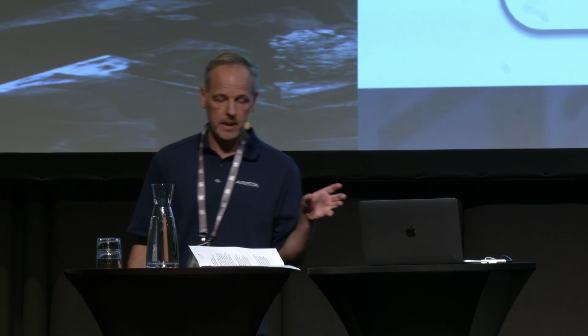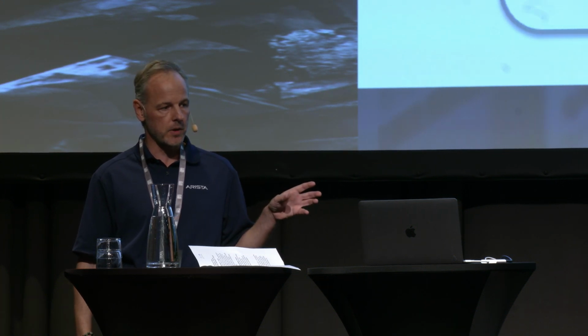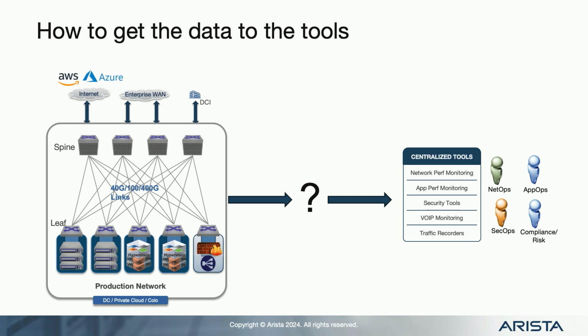How do we get the network packet data out from the data center fabric and provide it to other tools like the NetScouts, like the Riverbeds, like the Kentik, as we have here today, who are great tools when it comes to analyzing flows, analyzing TCP, and doing really good troubleshooting of that.